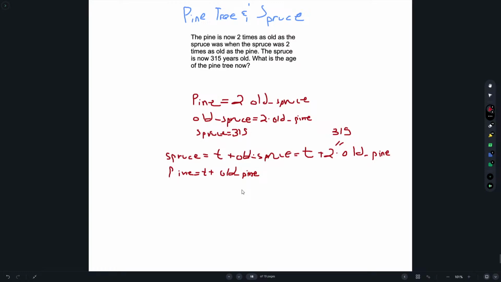We have a lot of variables here that we don't know. So in order to solve for it, we need to try solving for at least one. We know current spruce is 315.